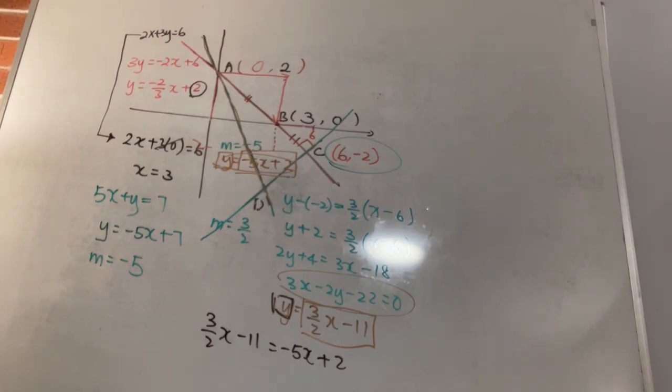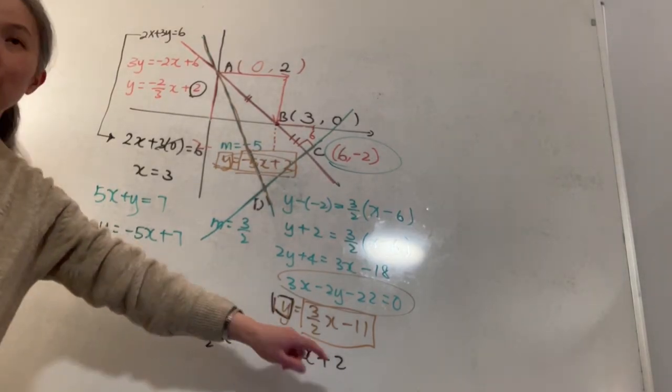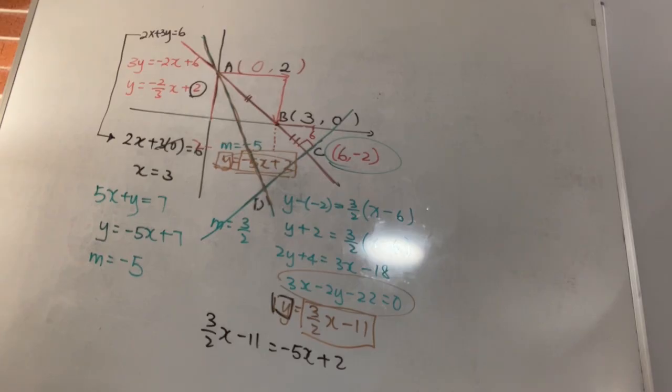To solve it easily, if you want to, you can times every term by 2 to get rid of fractions. Then you can do your equations. Work out all the like terms.